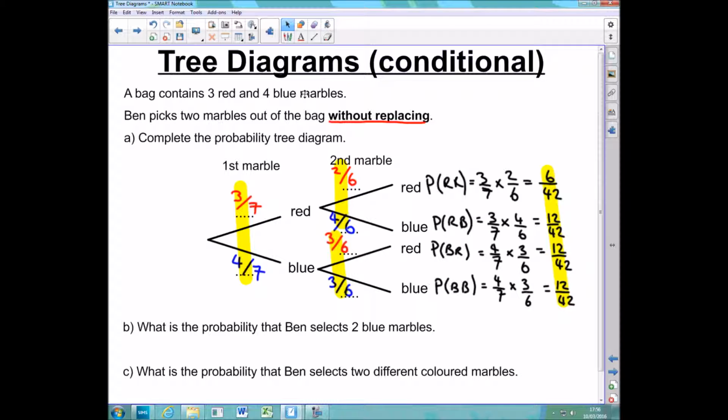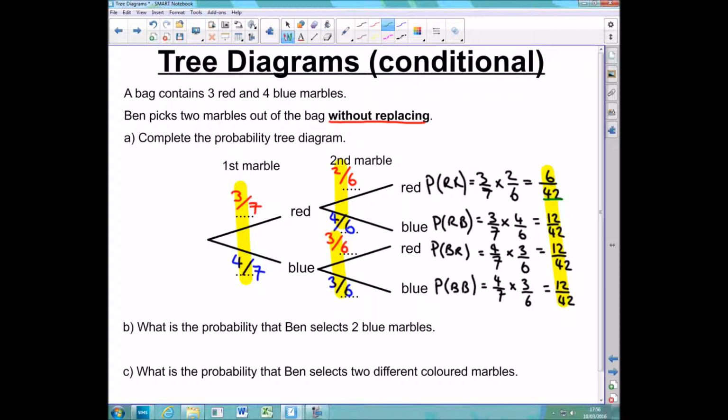Now, some of you might have noticed that throughout this entire question, I haven't simplified a single fraction. Now, there's a good reason for this. Firstly, it makes my timesing at the end a lot easier because after I've worked out the first 42, I know that every other denominator after that will also be 42.